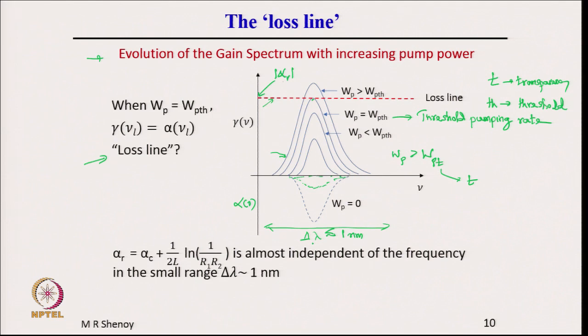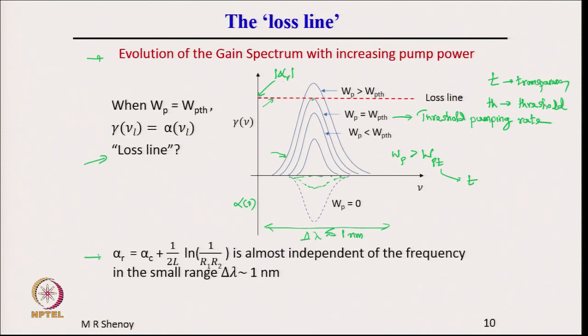We have already seen corresponding to the line width here, it is of the order of 0.1 or 0.01 nanometer. So, this region of wavelength, the frequency range corresponding to a delta lambda of about 1 nanometer, over this wavelength range there is no change in alpha r.